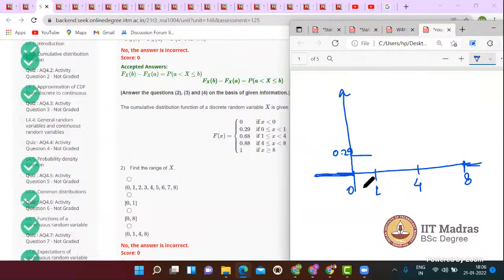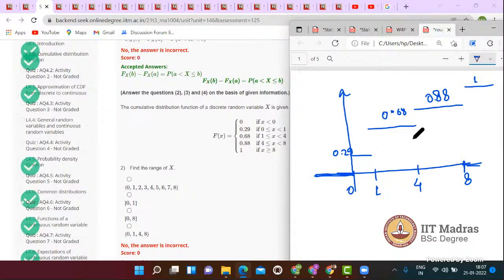From 1 to 4, the probability becomes 0.68. From 4 to 8 it became 0.88, and then after 8 it became 1. This is what has been described in the table form, or in this form has been written.